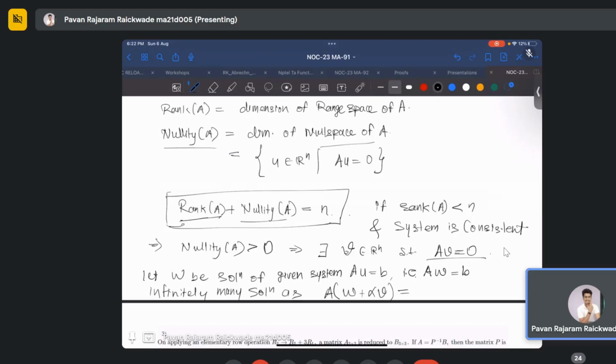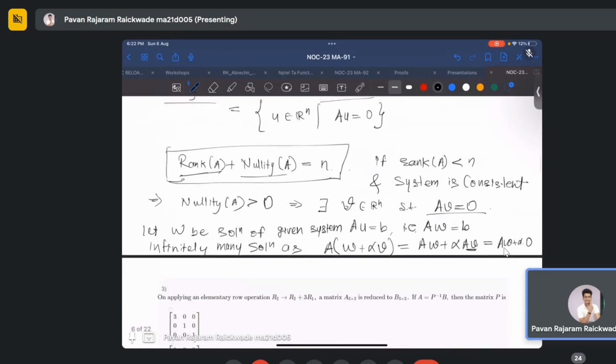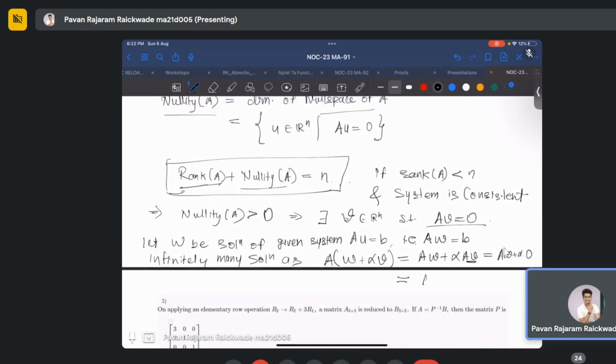Because of linearity, that will split as AW plus alpha times AV. But I know that AV is 0, so this is AW plus alpha times 0, which is AW. And AW is again B. So for any alpha belonging to the real numbers, this new element W plus alpha V is again a solution.